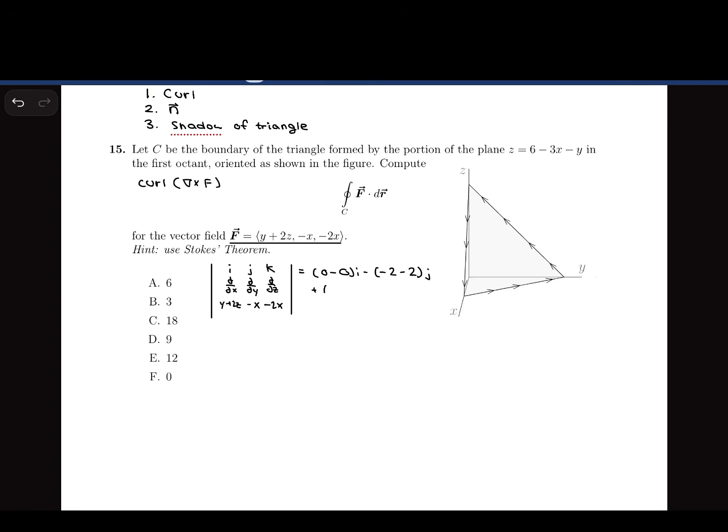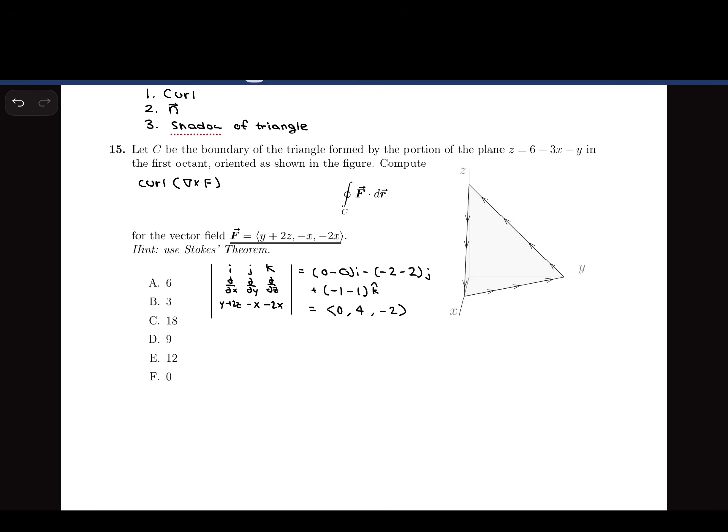And this would be plus, for k, the derivative of negative x with respect to x is just negative 1, and for y it'll just be positive 1, so you just get negative 1 minus 1. So we know our curl in this case is 0, negative 4, negative 2. That was already a lot of work, but there's more.